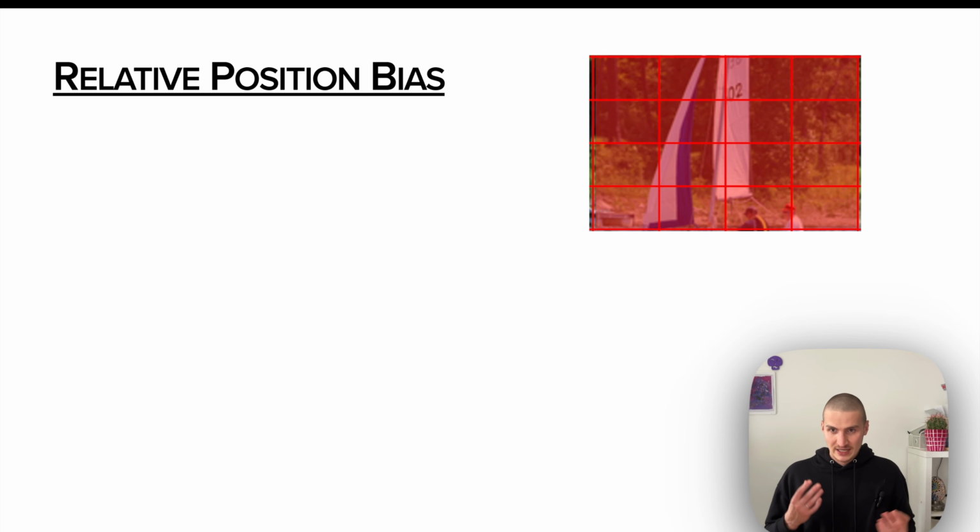So for example, DETR-like models just have what we call absolute positional embedding, where every patch will have a unique embedding corresponding to its coordinate added to that token as an input. So if we have 4 by 4 window, that's 16 different patches.